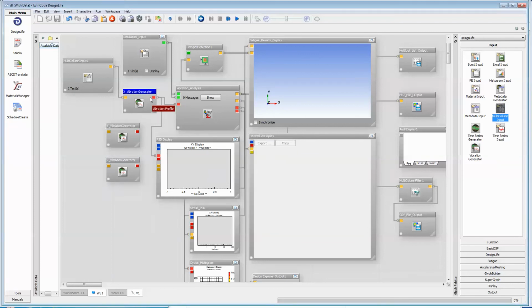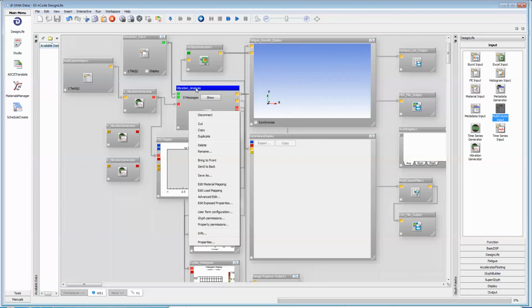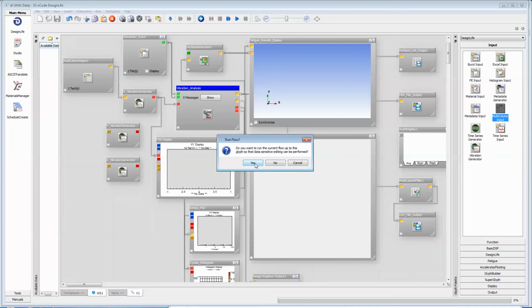By default, the original vibration generator has a histogram pipe connection with the analysis engine. For these two, we need to bring in an additional pipe connection. So go to advanced edit, say yes.